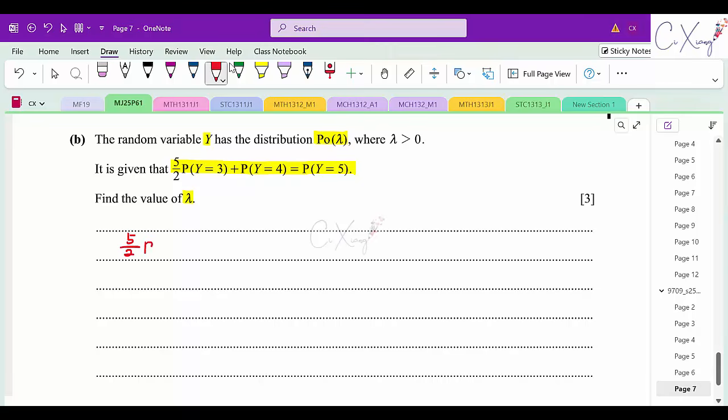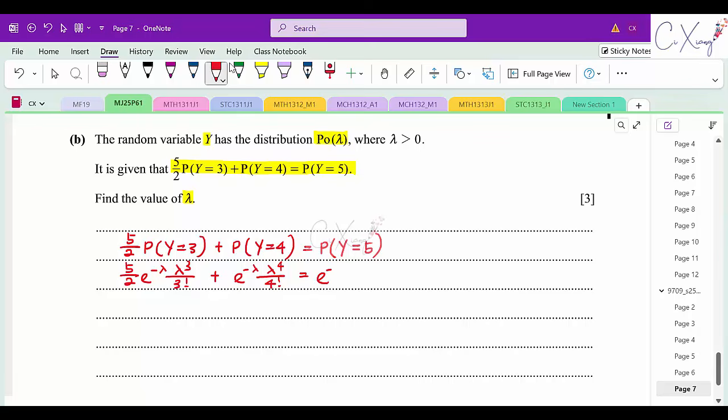5 over 2 P(Y=3) plus P(Y=4) equals P(Y=5). Then please substitute into the equation the formula for the Poisson distribution. Y equals 3 means e^(-lambda) lambda^3 divided by 3 factorial. Y equals 4, e^(-lambda) lambda^4 divided by 4 factorial.